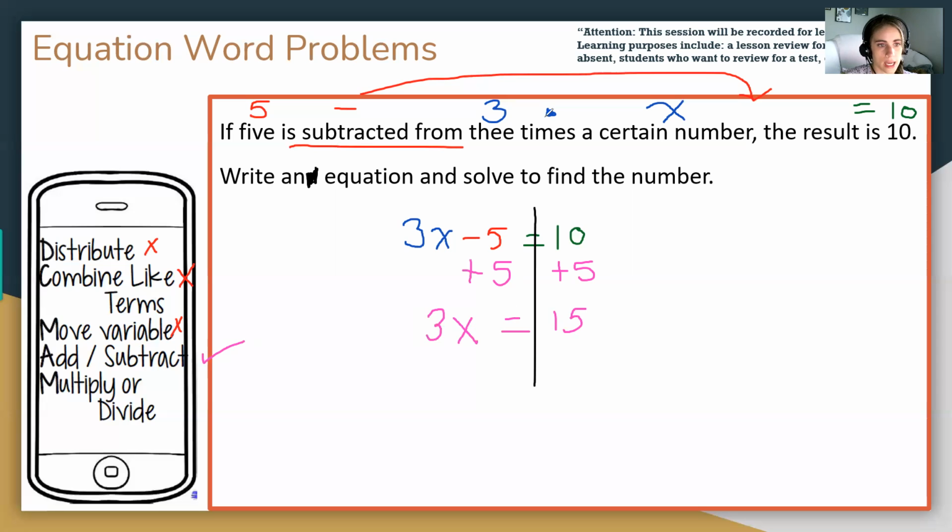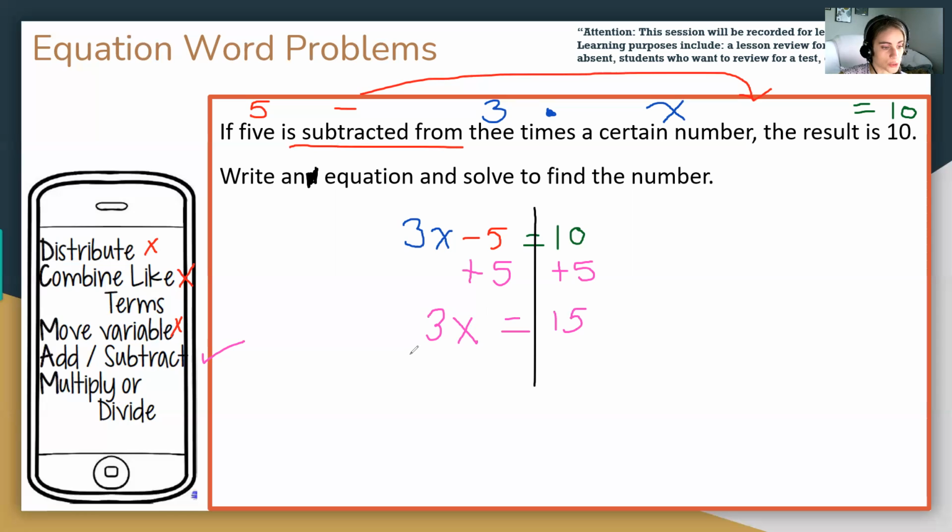All right, next. Multiply or divide. Yeah, 3 is being multiplied by x. What's the inverse of multiplication? Because we need to do the inverse since we're crossing over, since we're going over to that other side.